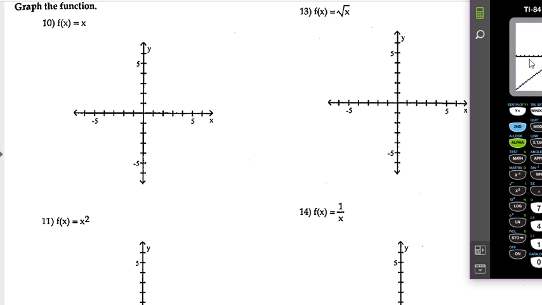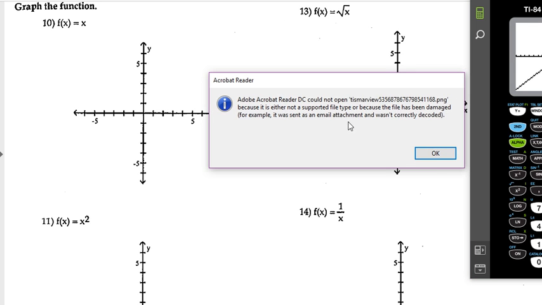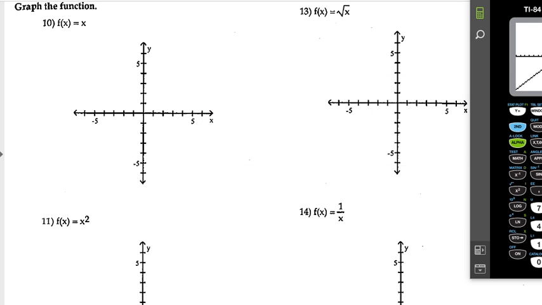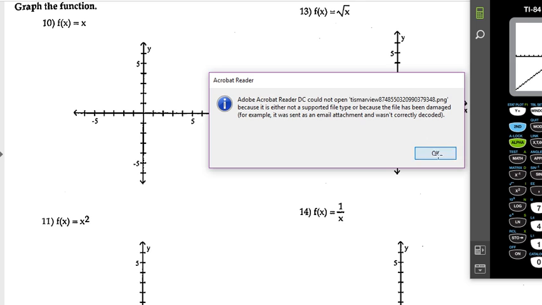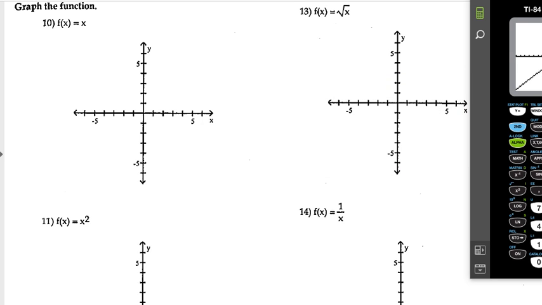So if I pulled him out and looked at him, that means that this is -10, this is +10, that's -10, and that's +10. And I'm going by 1. So we actually can count it out. Over 1, up 1. Over 2, up 2. Over 3, up 3. And that fits the equation y equals x.